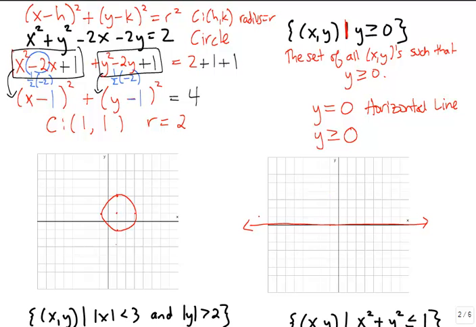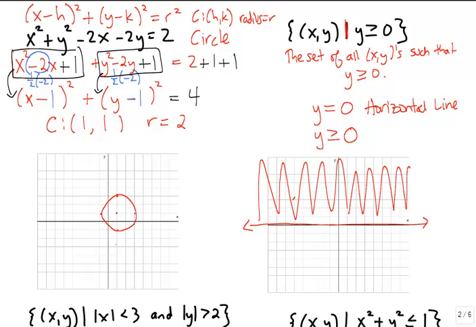So in this graph, it's actually going to be shaded in, because all of these points going up above the x-axis have y values that are either positive when they're above or equal to 0 when they're actually on that x-axis. So this is graphing an inequality, and whenever you're graphing an inequality, it usually looks like some kind of curve or line as your boundary, and then you shade either above or below it. So my final answer would actually be this shaded in picture.